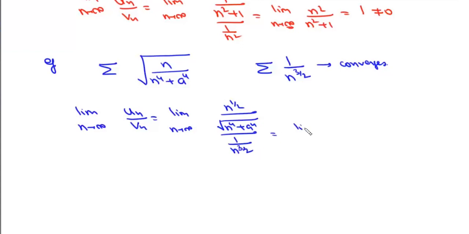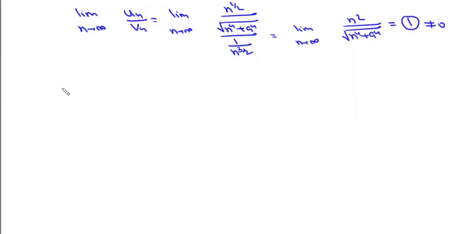Now it will be this limit, n tends to infinity, n square upon under root of n to the power 4 plus a to the power 4. Now here, highest power of n in the numerator is 2, and in the denominator also it is 2. So the answer to this limit will be the coefficient of n square, which is 1, and it is unequal to 0. And since this second series converges, it means this series under root n upon n to the power 4 plus a to the power 4 will also converge.